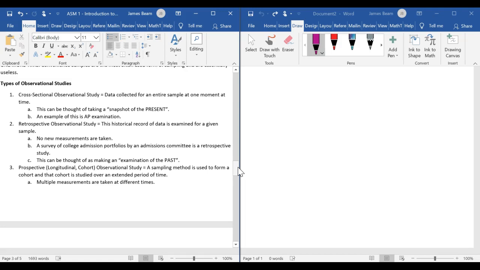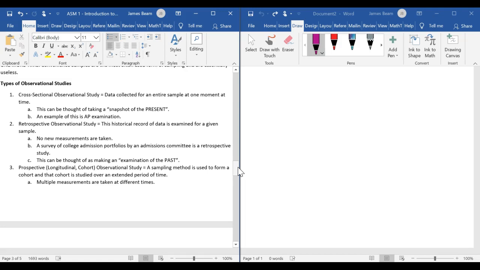A retrospective observational study is where you grab a sample of people and then you look at their historical records. You're not looking at their current reality, but you're looking at past data that's been collected on them. An easy example of this is student admission portfolios.